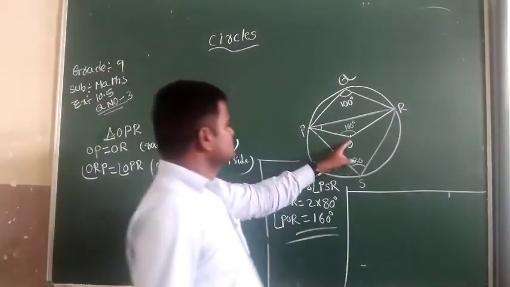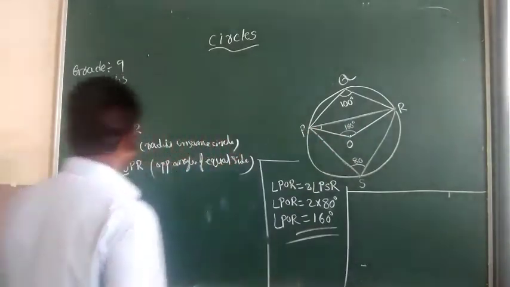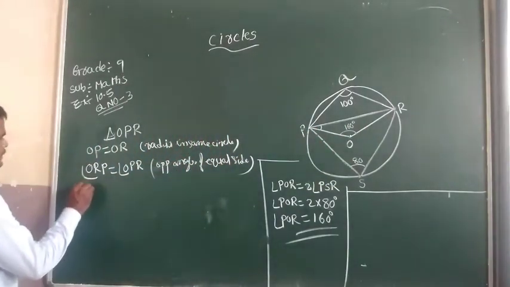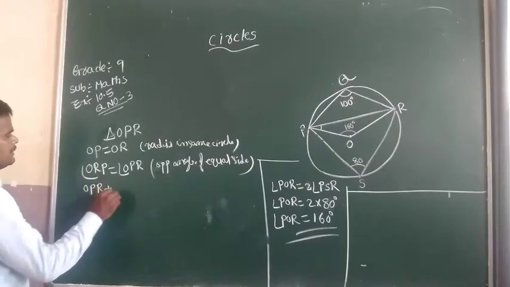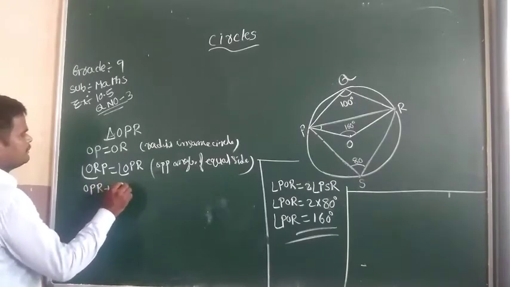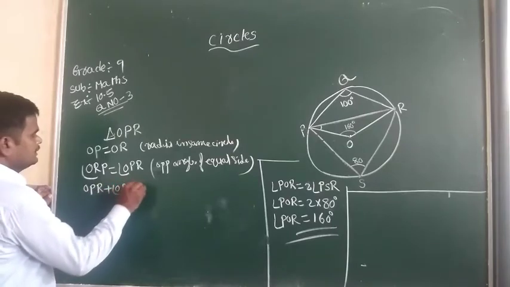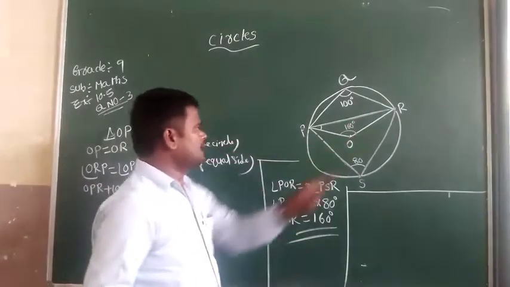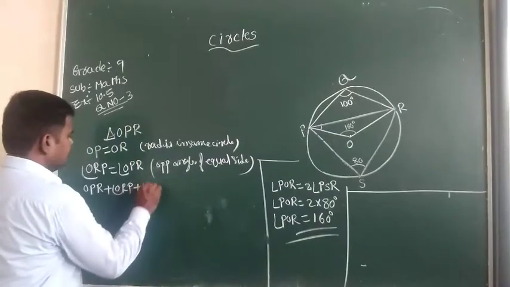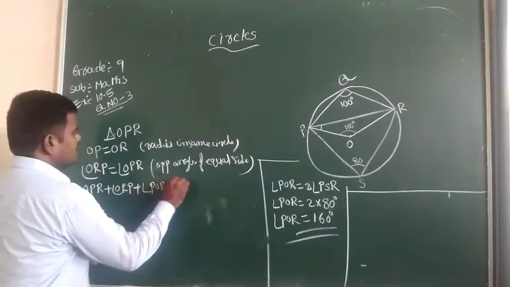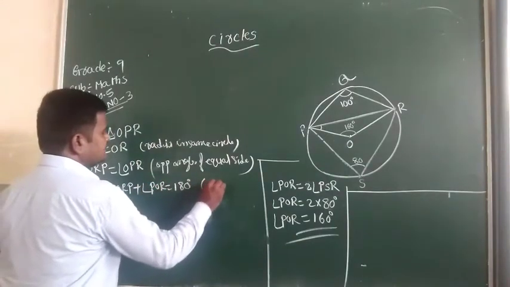In the triangle, angle OPR plus angle ORP plus angle POR equals 180 degrees. What is the reason?